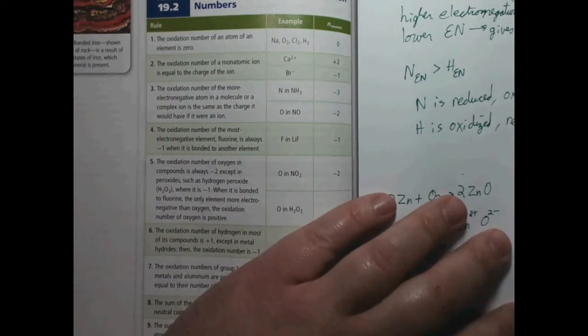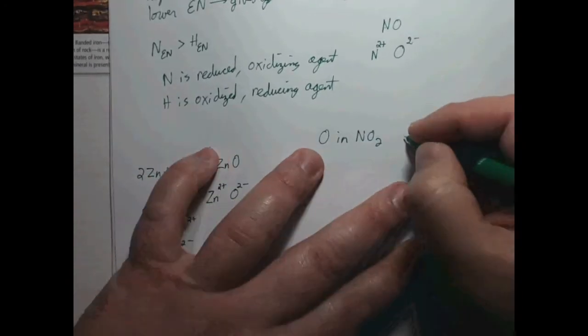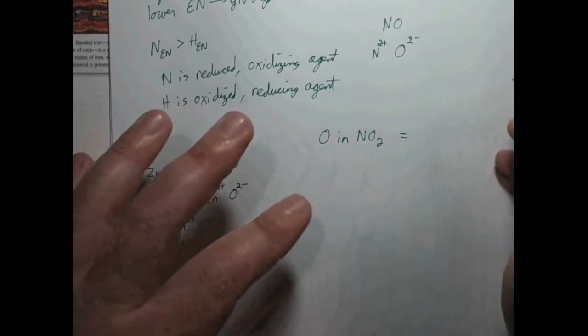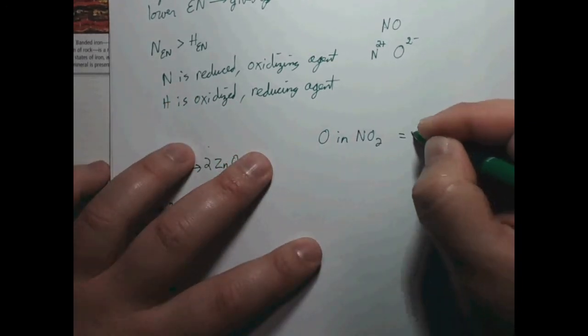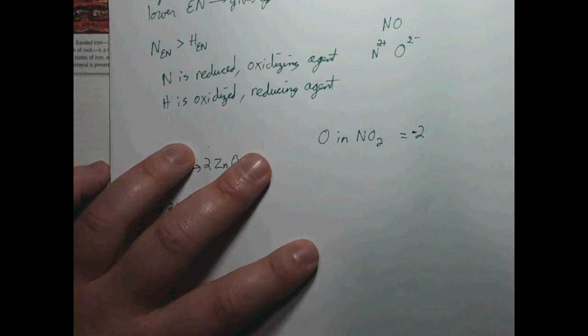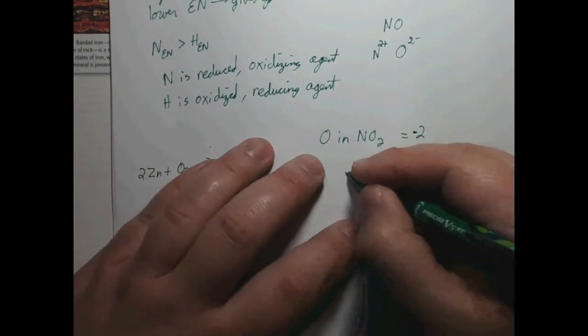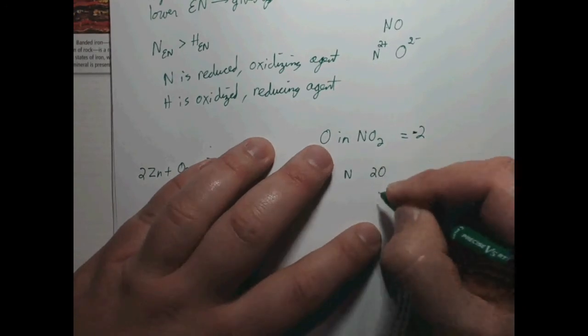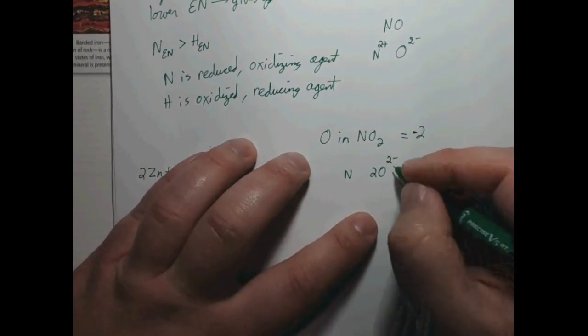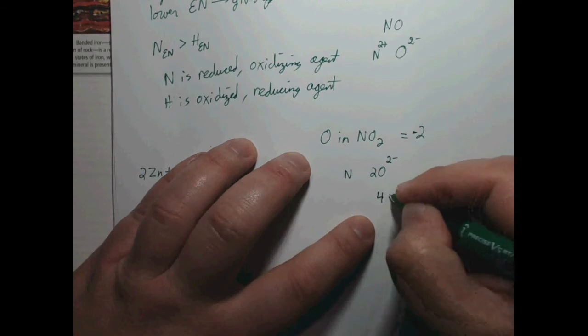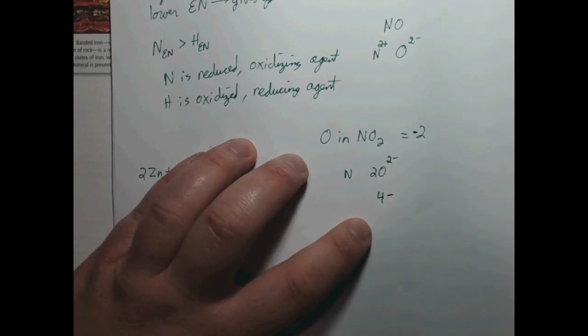So if the O in NO2 has a -2 oxidation number, what does the N have? Break it down. There's 1 nitrogen and there's 2 oxygens. So if there's 2 oxygens with a 2 minus charge, that means it has a 4 minus total, right?